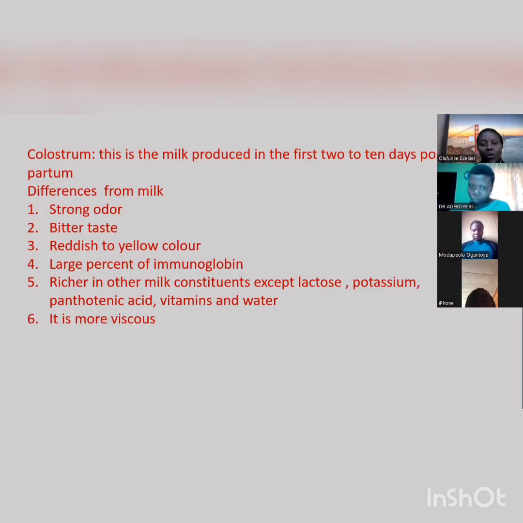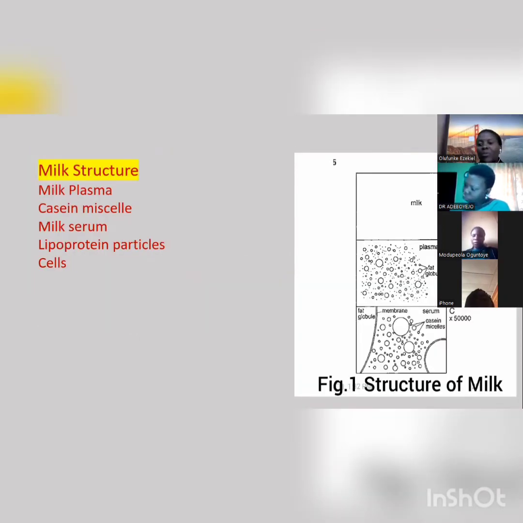So let's note it. Colostrum is obtained in the first 2 to 10 days, and in some other cases, they are advised to extend it to 15 days before you begin to collect the milk from the mother mammal for commercial purposes.